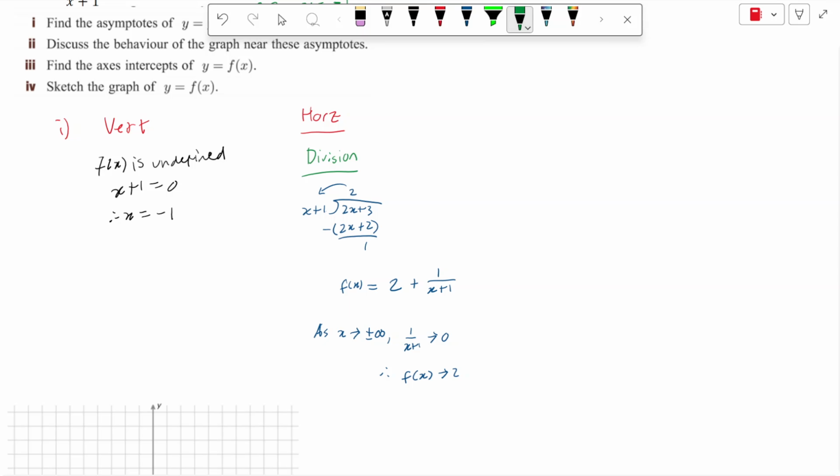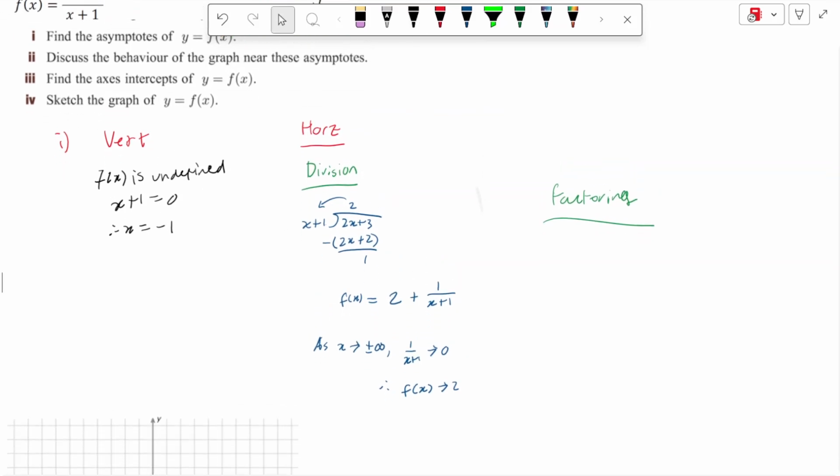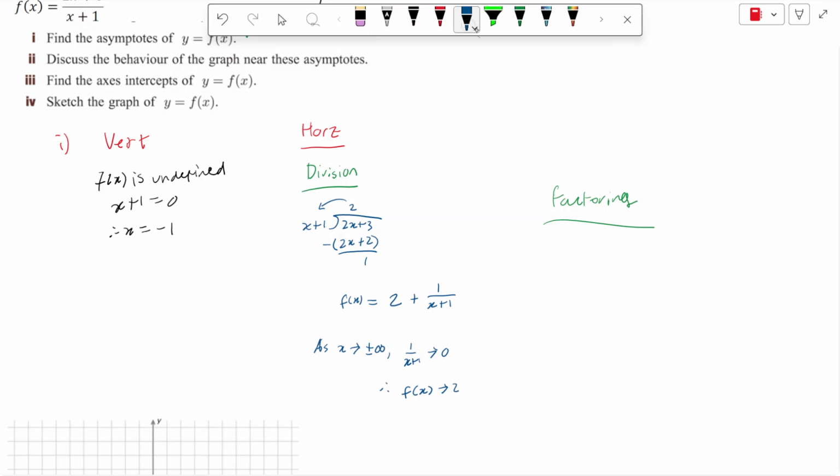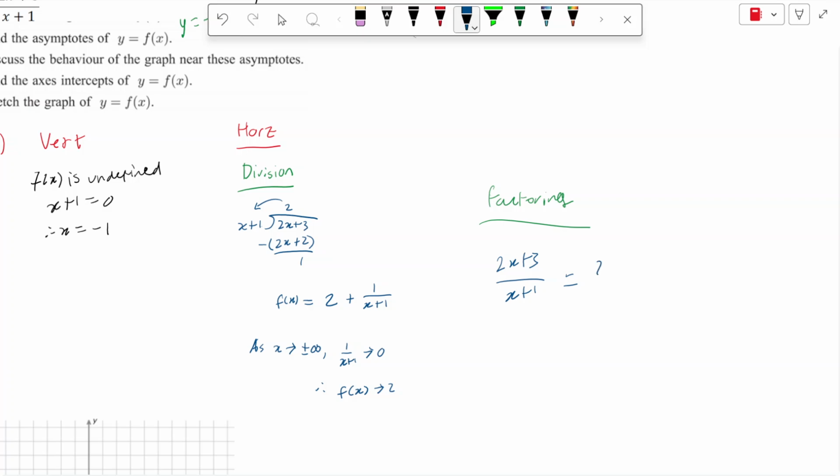You can sort of do it using factorization, although I want you to be a bit careful with this method. So what you can do is you can start off with the original function. You can get 2x plus 3 on the top over x plus 1 on the bottom. Now we want a factor of x plus 1 over the top. So what you could do is you can write this as 2x plus 2 plus 1. So that's just breaking up the 3.